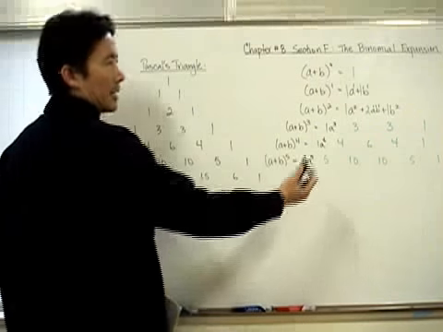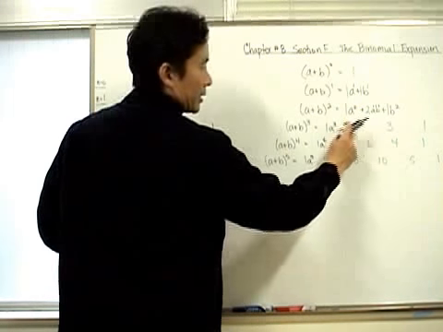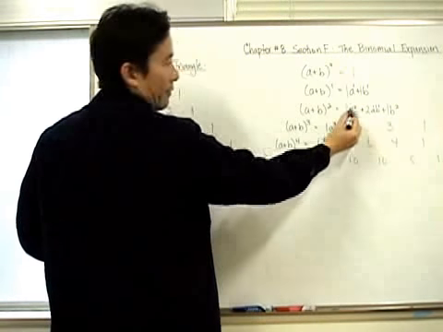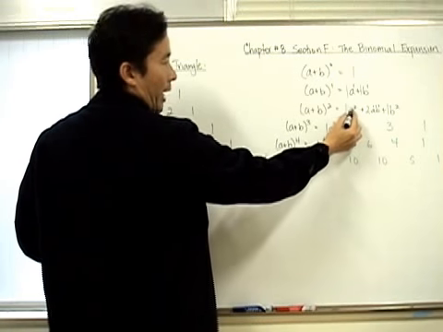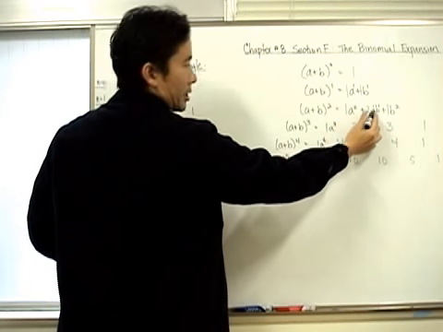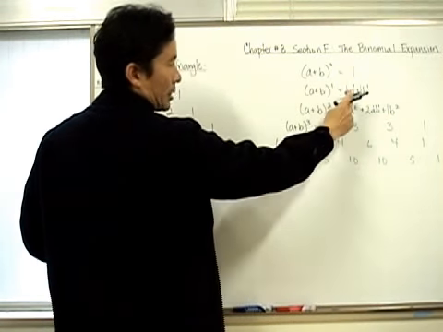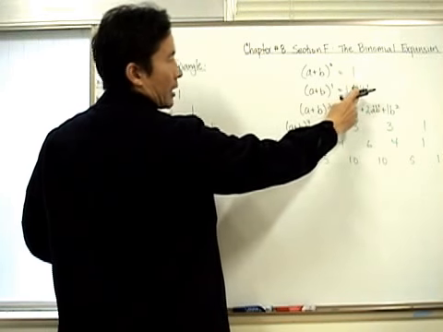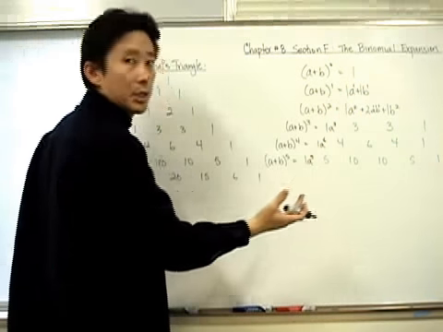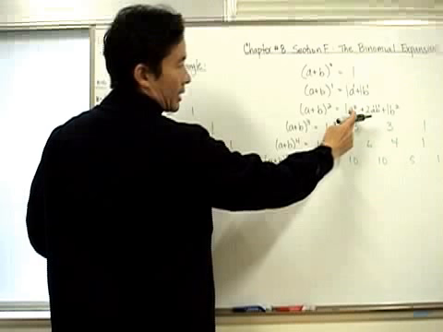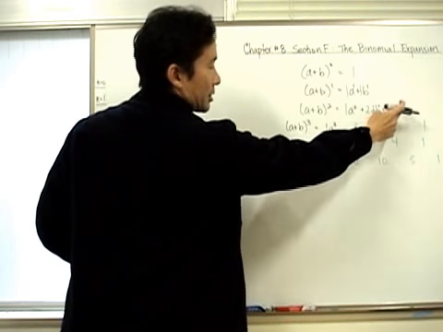Now, notice that as I go down, the value of the exponent for a is always decreasing by 1. So notice in this case, even in this case over here, the next value is actually a to the 0, which is 1. So in this case it's a to the second, a to the first, a to the 0.